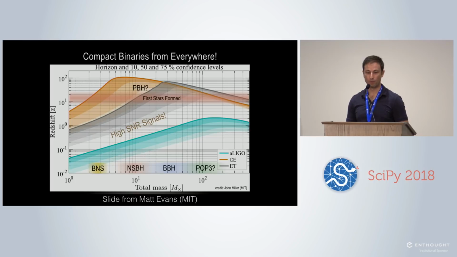And so we can maybe look at the distribution of masses as a function of redshift that we're seeing merge, and maybe say something about stellar evolution as a result of that.